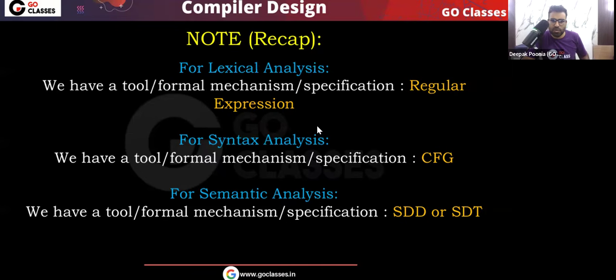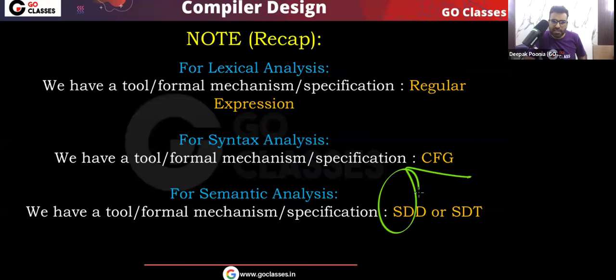Similarly, the parser, or syntax analyzer, for the purpose of syntax analysis, uses a formal mechanism or tool that is context free grammar. Similarly, the semantic analyzer, to do the semantic analysis, uses a specification or formal mechanism or tool that is SDD or SDT.